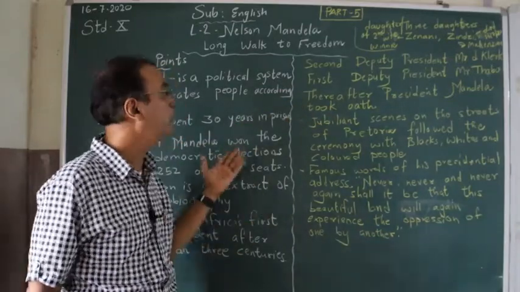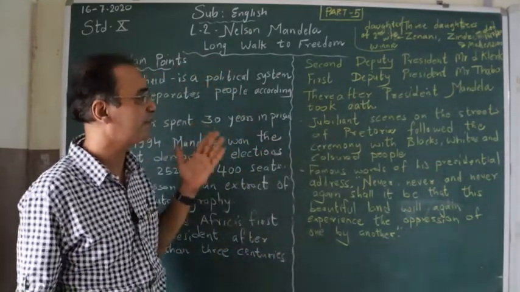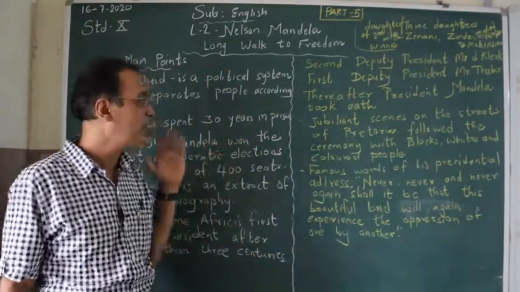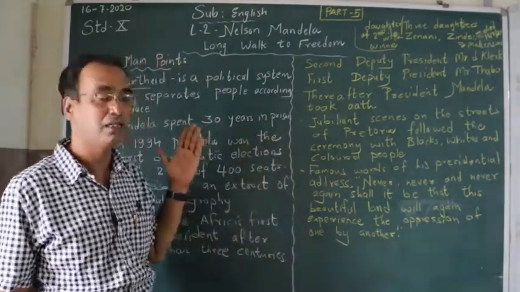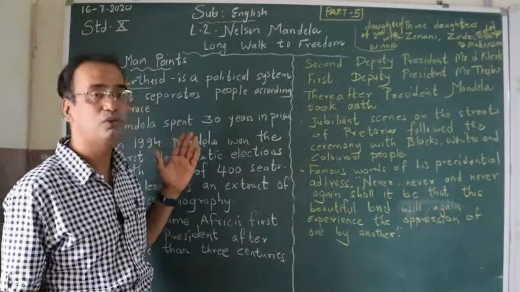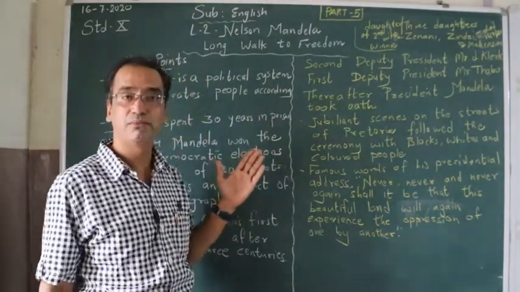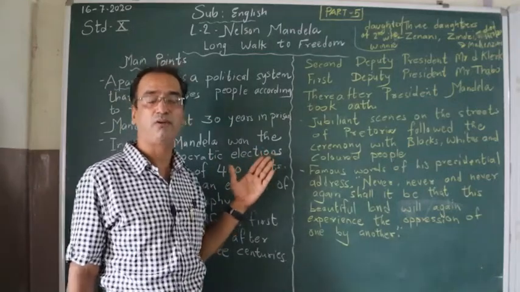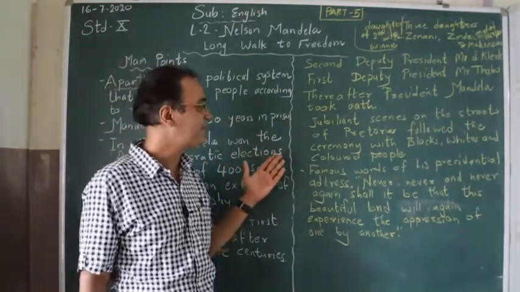Obviously jubilant scenes would be there on the streets after so many years of Africa's history. A Republican, democratic government of their own was set up. Democratic: for the people, of the people, by the people. That was the first time.